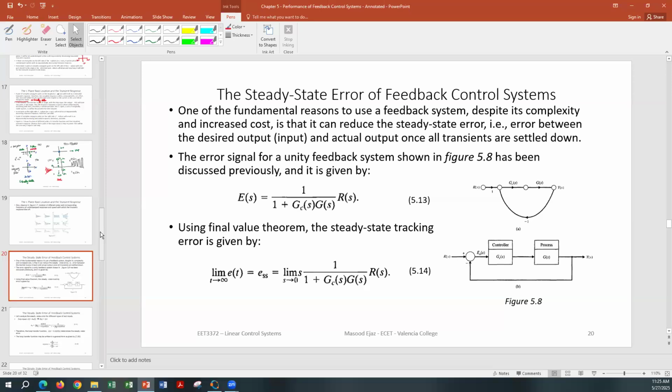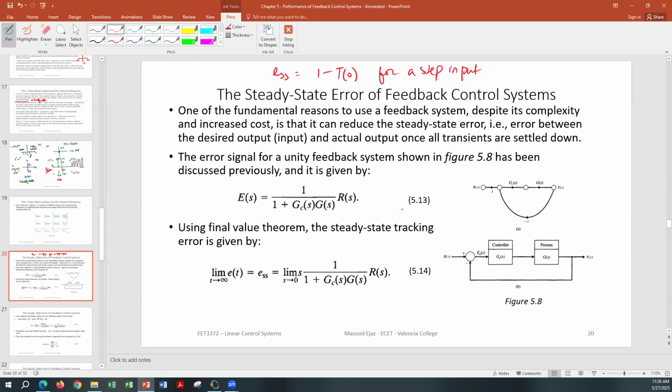That's your steady state error for a step input. So for a step input, the steady state error simply is 1 minus T(0). But under this topic, we're going to look at if your input is a step, ramp, parabolic and so on, then how the steady state error is going to be.